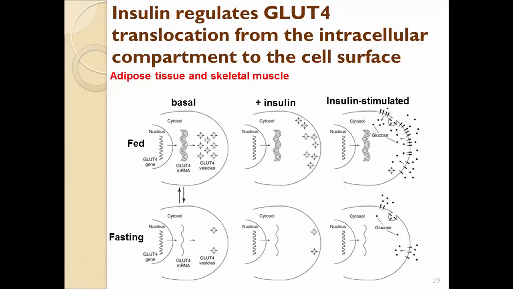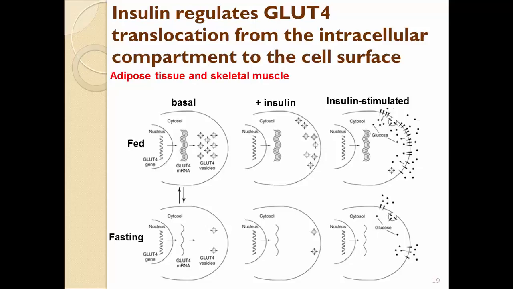And under the fasting condition, you see first of all, GLUT4 expression level is much lower compared to the fed condition. And secondly, on the cell surface, GLUT4 is also very few, right? Not many GLUT4 molecules are on the cell surface under fasting condition. So that also makes sense, right?